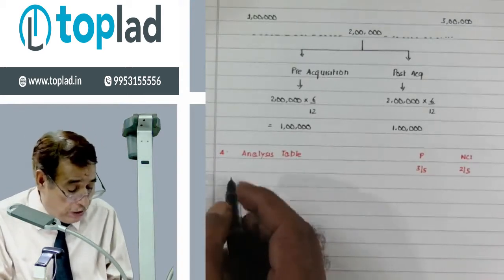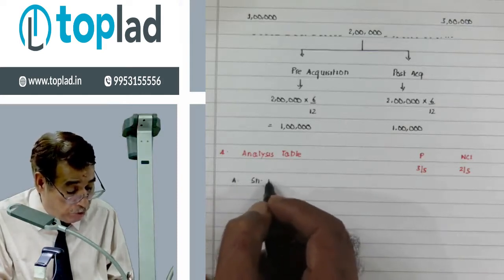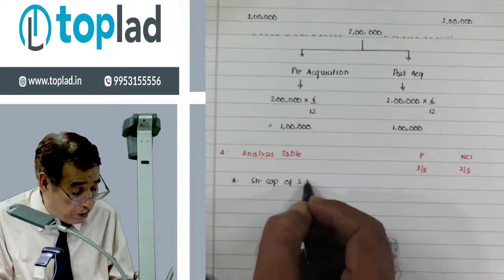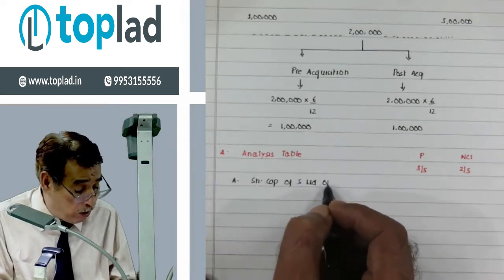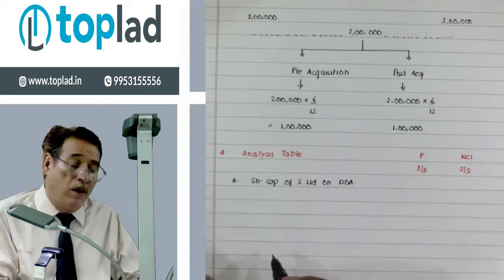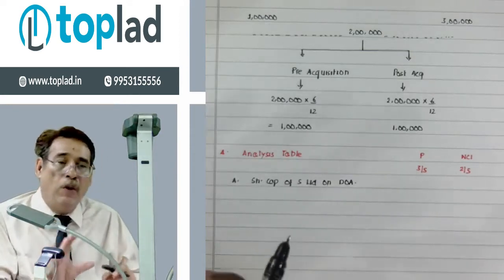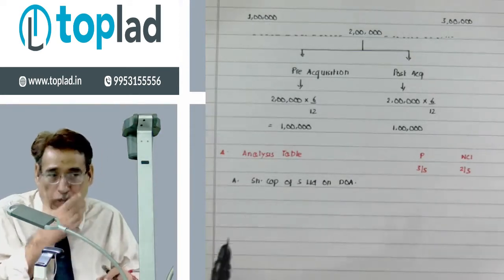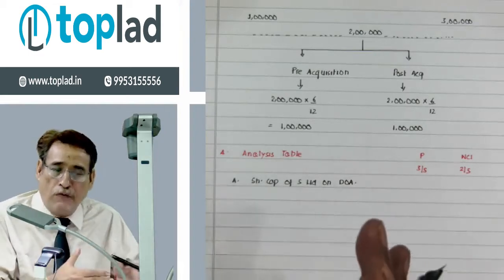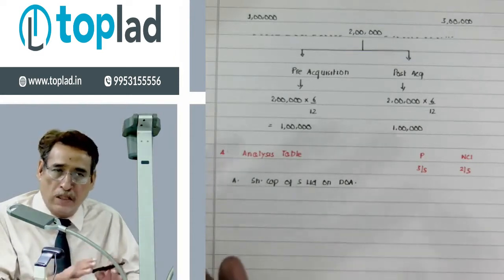So first of all, as I told you even in the last class, what will be the amount of share capital of subsidiary company, share capital of S Limited, on the date of acquisition? Date of acquisition is 30th of September. Logically, share capital of subsidiary company will always be given to you as per the balance sheet date. So the share capital at the end of the accounting year, 31st of 2023, is given to us as 5 lakh.